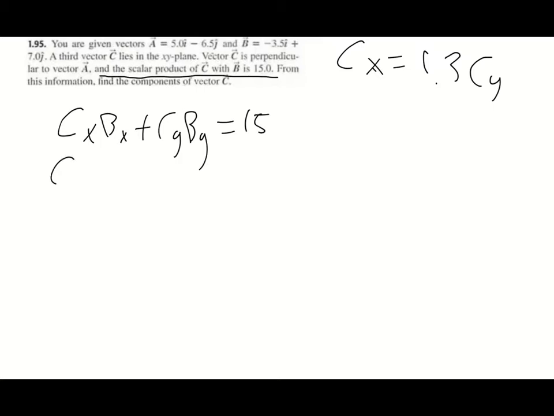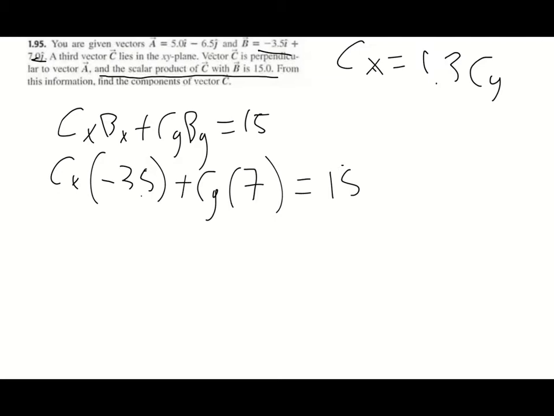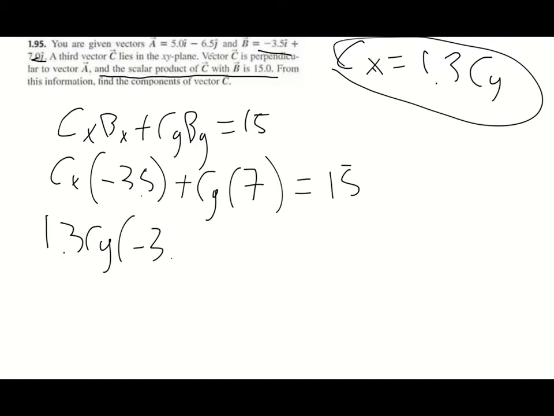So CX times BX, which is negative 3.5, plus CY times 7, equals 15. And again, I've got two variables, but I do have something to help me. I've got my secret weapon over here. So 1.3 CY times negative 3.5 plus 7 CY gives me 15.